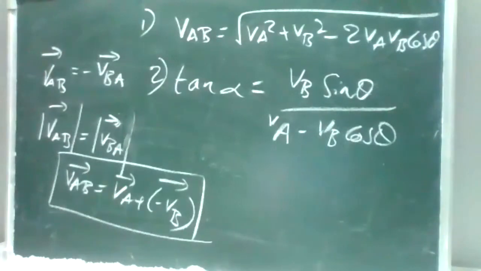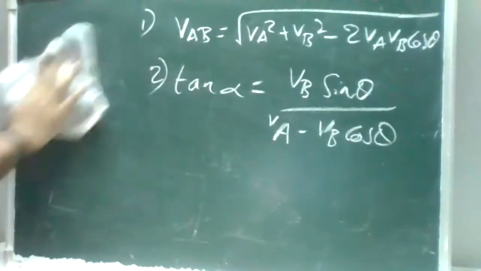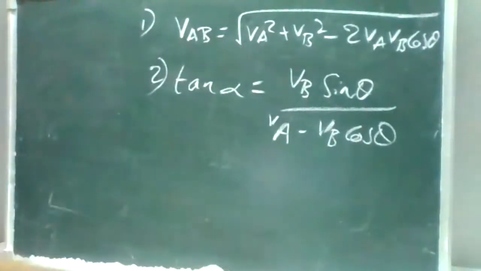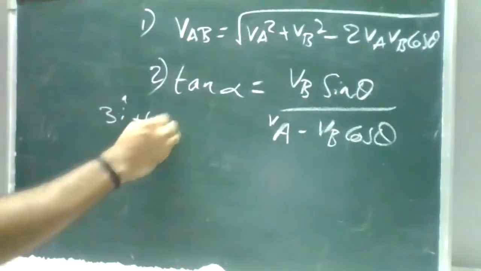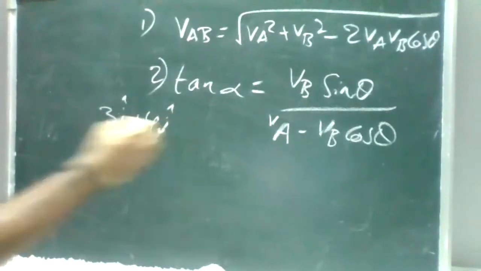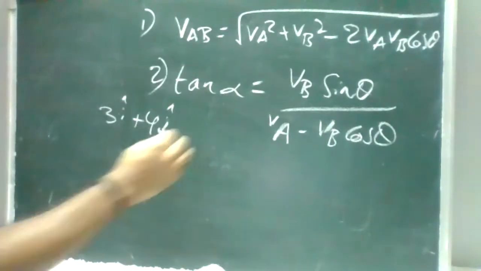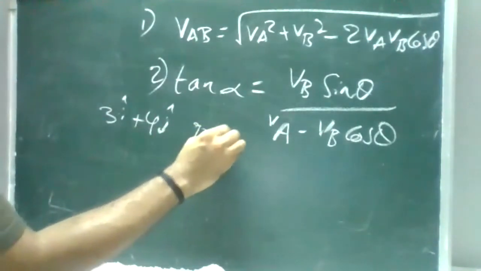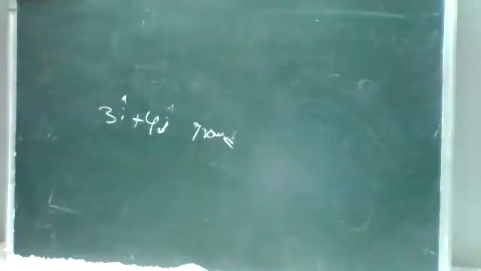A boat is moving with a velocity 3 I cap plus 4 J cap with respect to ground.